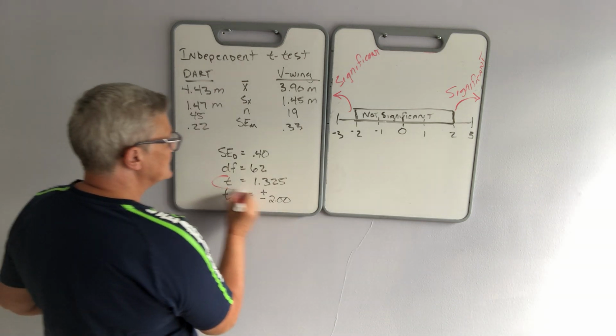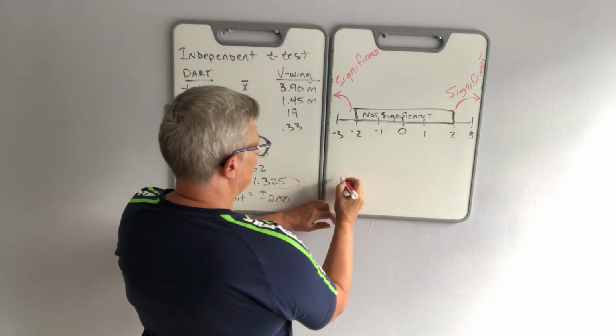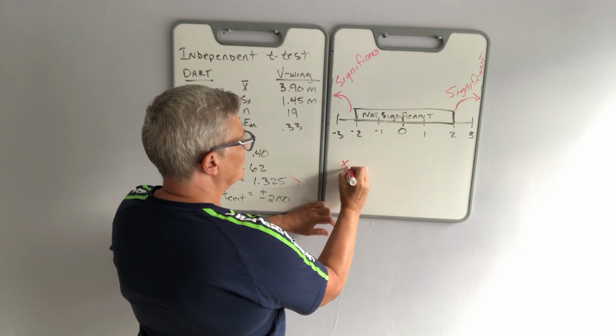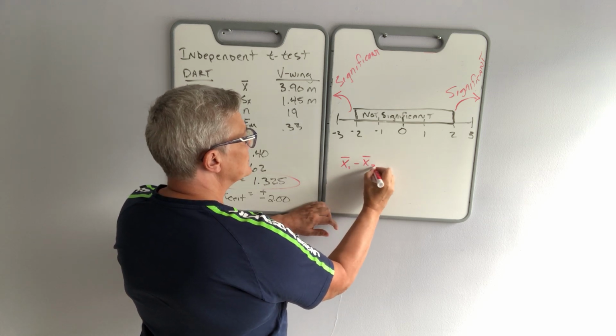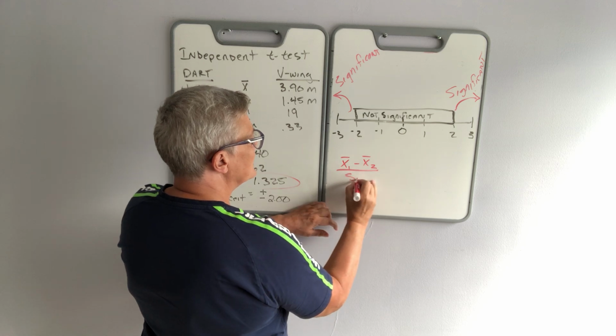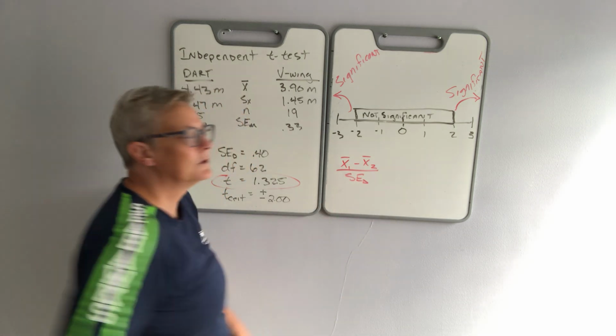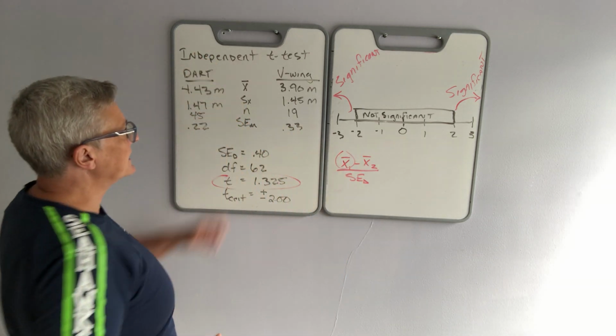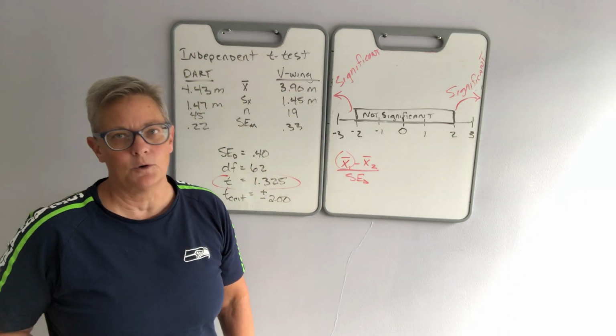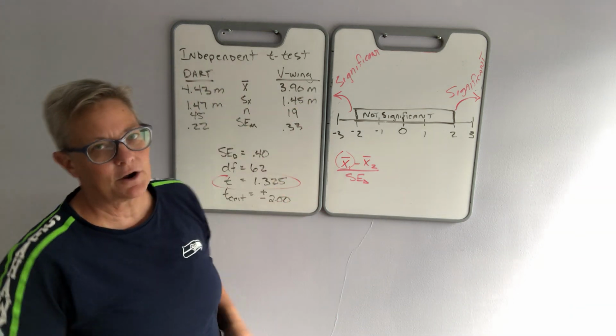You remember, to get t, we take the mean of group 1 minus the mean of group 2, and we divide it by the standard error of difference. It doesn't matter which one of these comes first. I could put the V-wing over here and make it group 1, and I could put the dart over there and make it group 2.